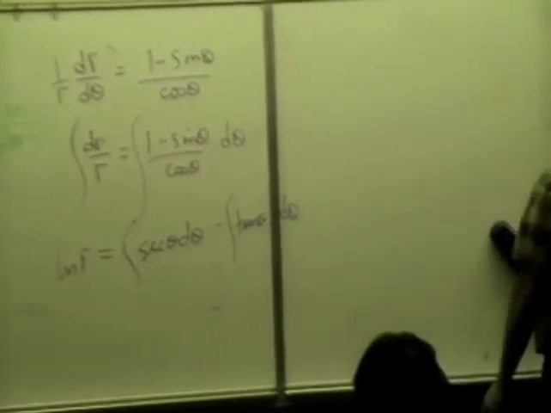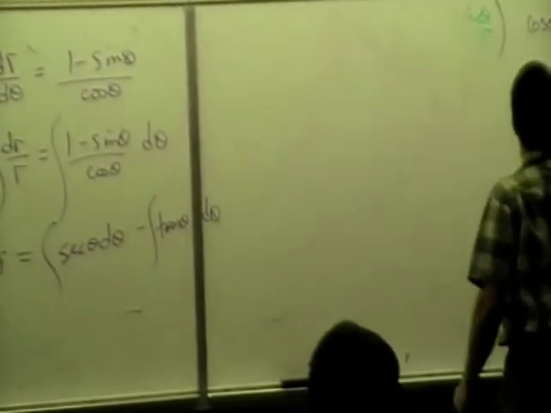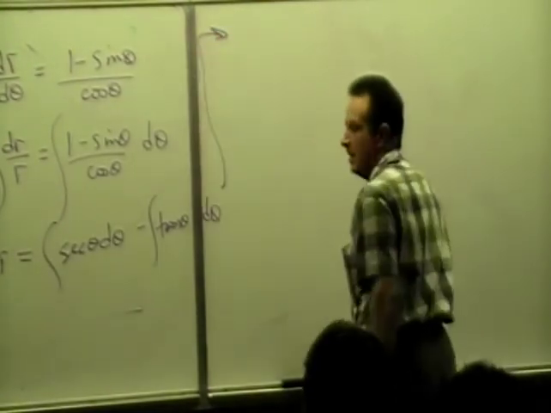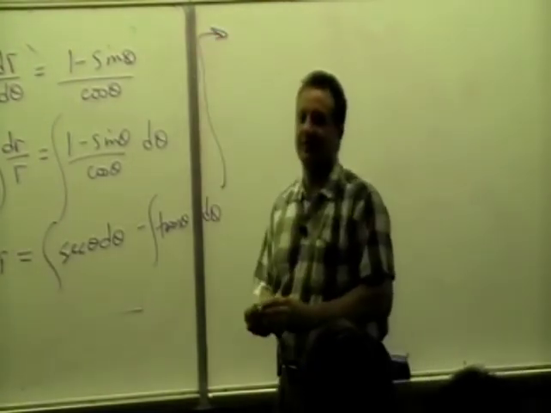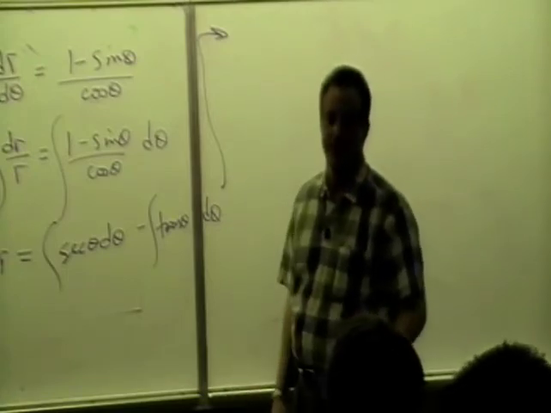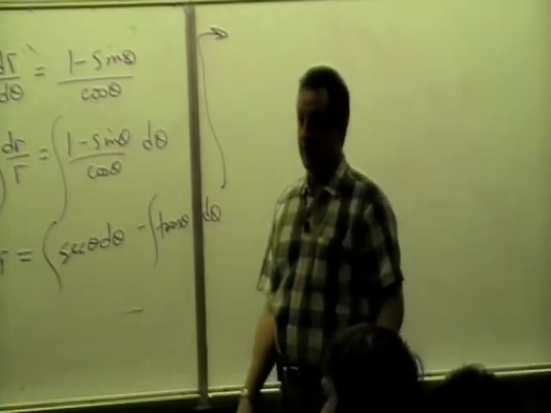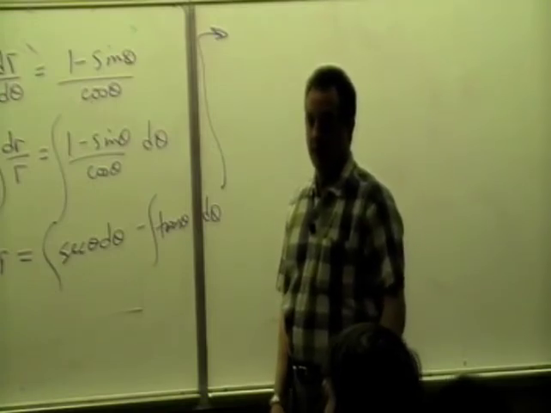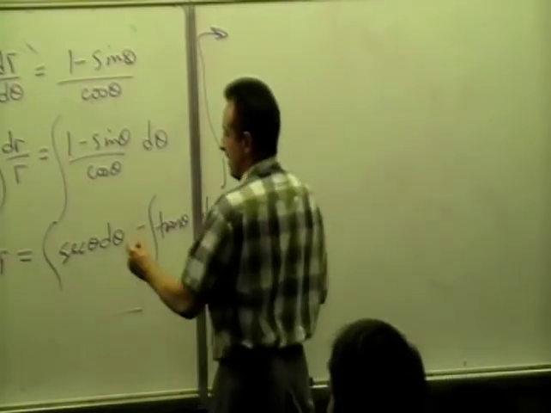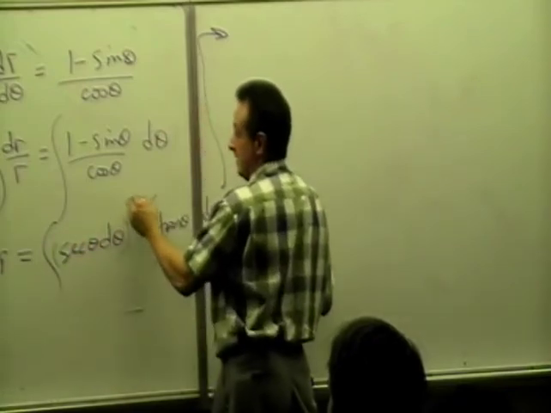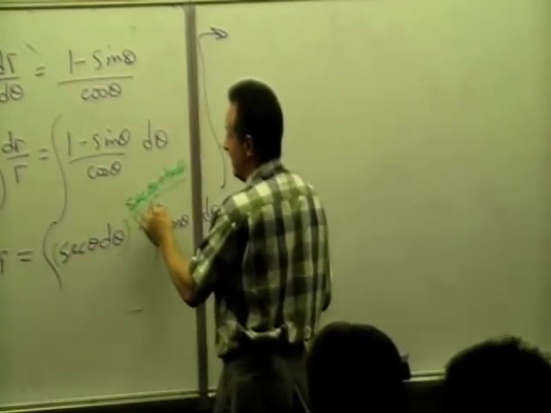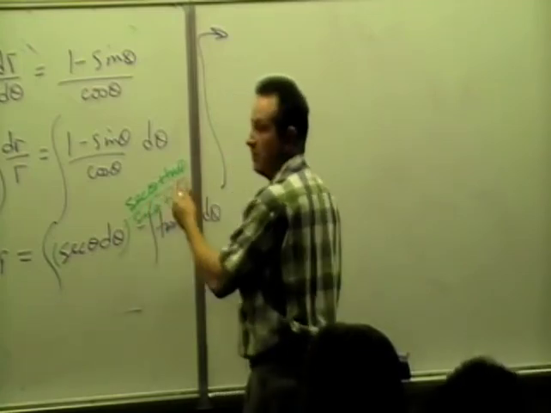Anybody recall how to integrate the secant? From Calc 2? Speak up. Come on, speak. If I multiply this by secant theta plus tan theta over secant theta plus tan theta, you get a simple u substitution.